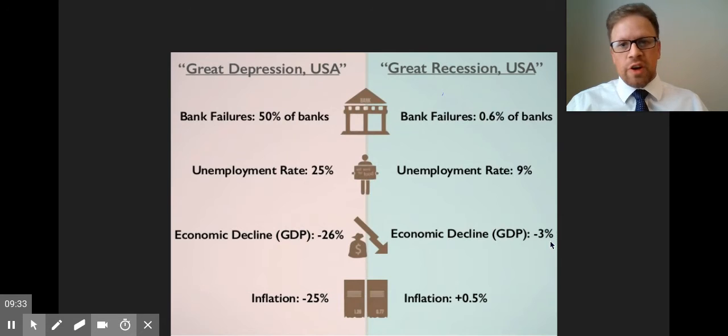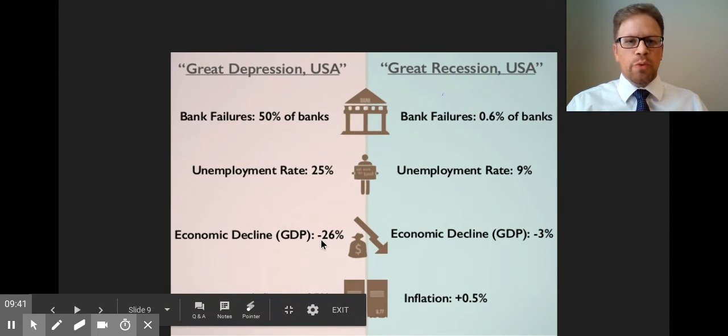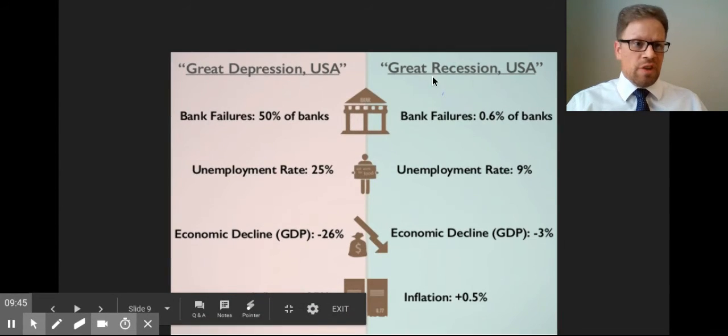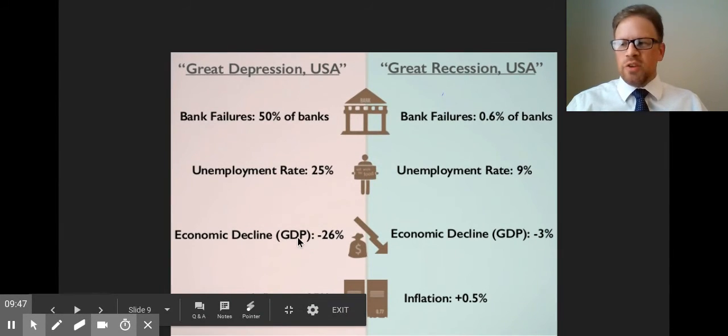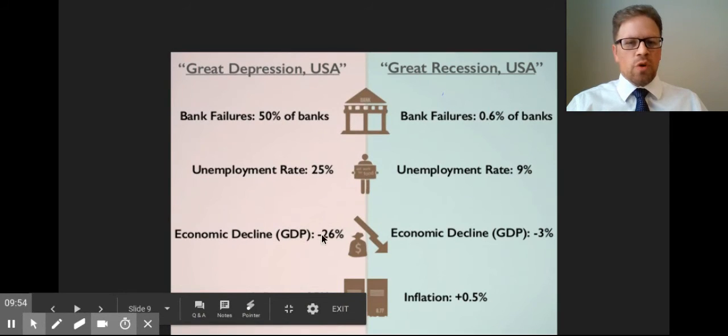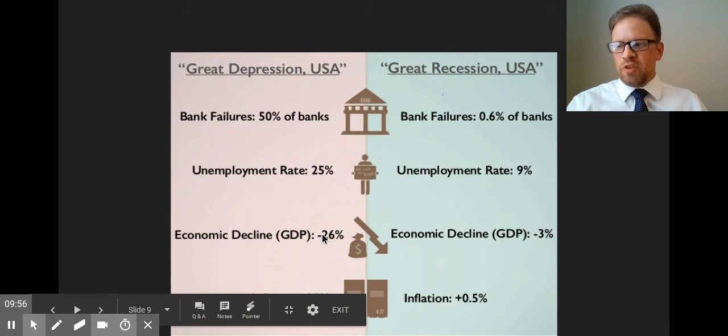Compared to the Great Depression in the mostly 1930s, that economic decline was a 26% decline. So that was a huge, massive decline. So it was troubling, it was not good, but it was not anywhere close to as bad as the Great Depression. So again, you have to have at least a 10% drop in economic growth.